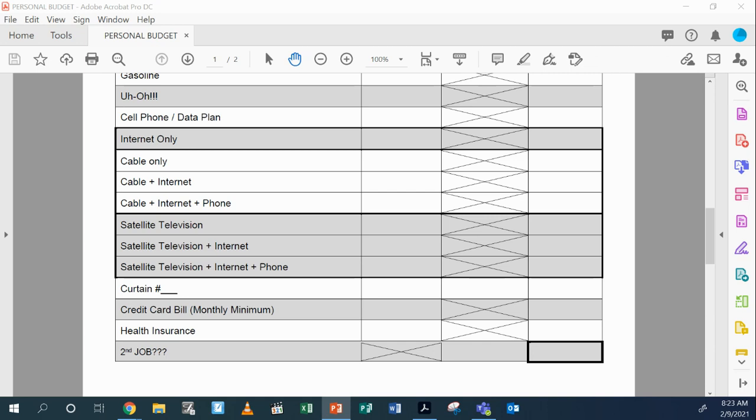For the scenarios, I am the omnipotent being that controls everything. Try this again. There we go. So as we go through this, I will help you out.